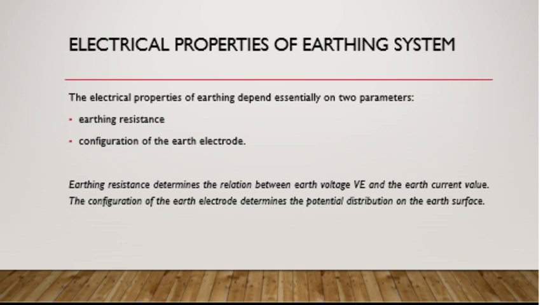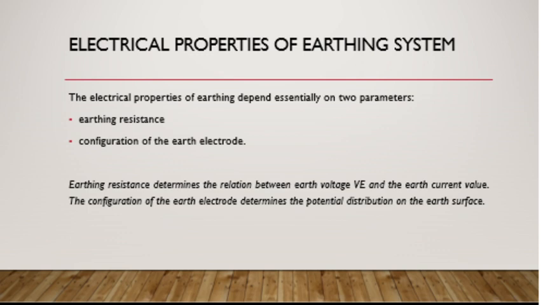Again, the next topic is the electrical properties of the earthing system. The electrical properties of earthing depend essentially on two parameters: the earthing resistance and the configuration of the earth electrode. Earthing resistance, as it is written on the screen, determines the relation between the earth voltage and the earth current value.